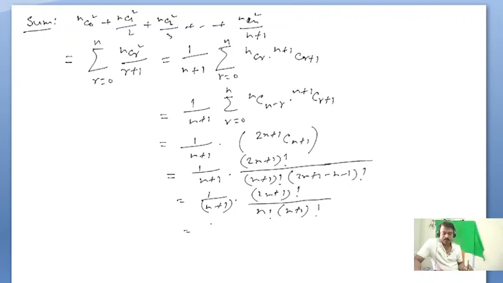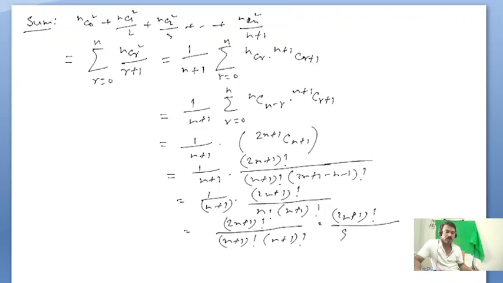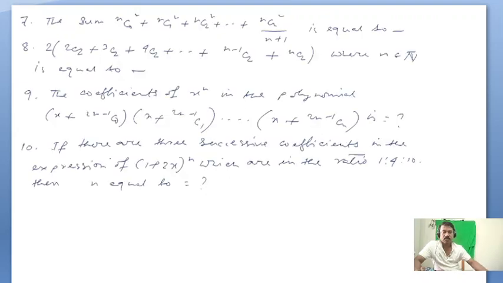Now 2n plus 1 factorial, here we get n plus 1 factorial into n plus 1 factorial, that is 2n plus 1 factorial divided by n plus 1 factorial whole square. This is the result. Okay, come to the next problem.